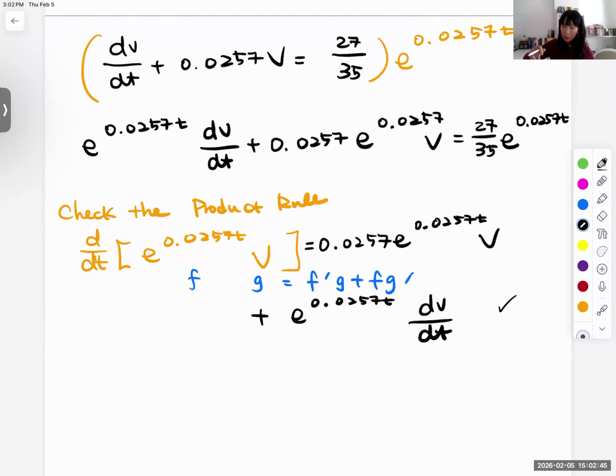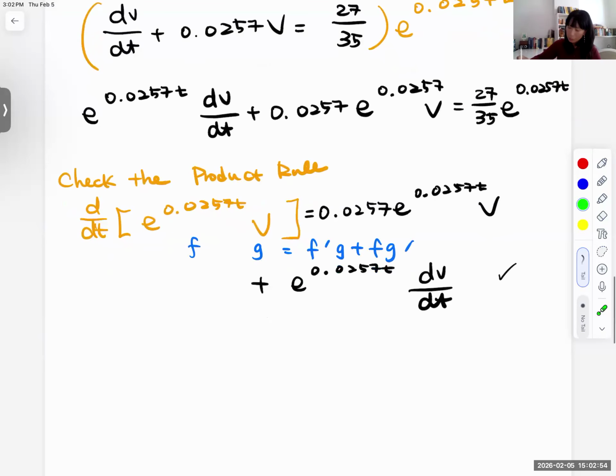The left side equal to right side, 27 over 35 e to the 0.0257t. Make sense? Or should I write it down clearly?